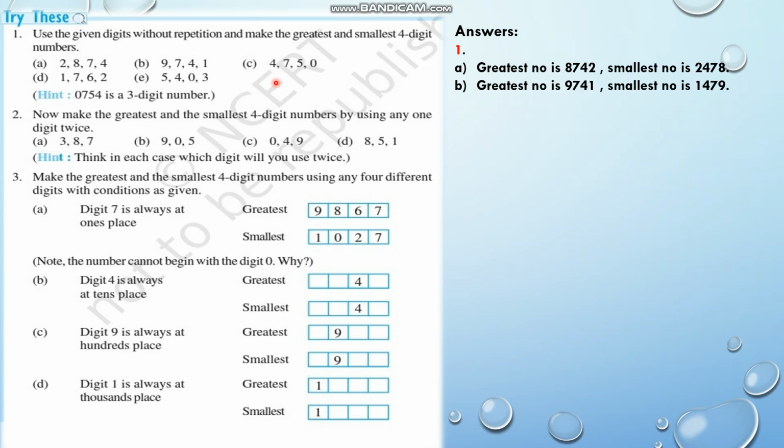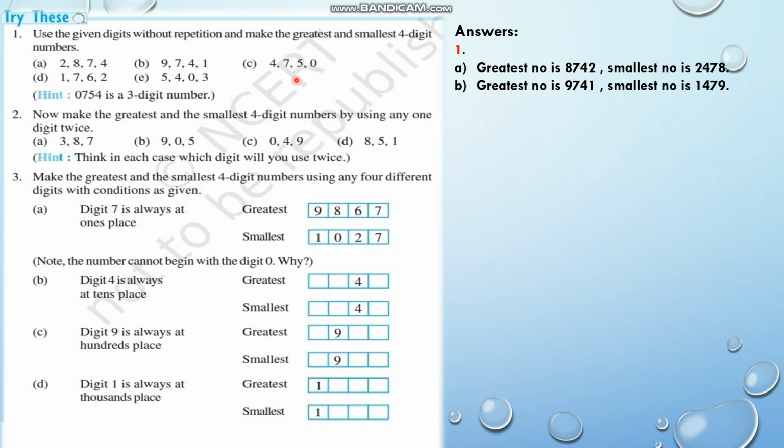So when a 0 comes, you have to put 0 in the second position. Always remember, if 0 is in your question, when making the smallest number you put the 0 in the second position. So we cannot write 0547, we can write 4057.